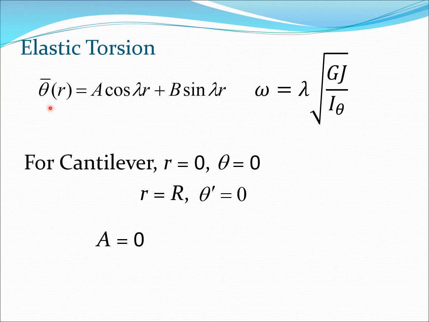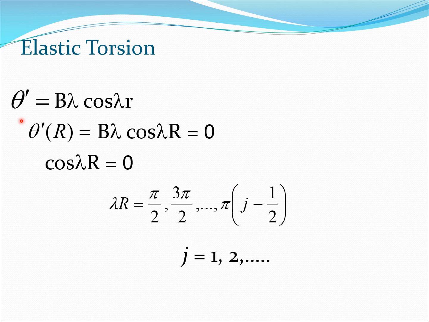So then theta bar r is going to be B sine lambda r. So that's what we have, and therefore I can get the equation for theta dash here. Theta dash would be B lambda cos lambda r by differentiating, and so theta dash at capital R is B lambda cos lambda capital R, which is 0.